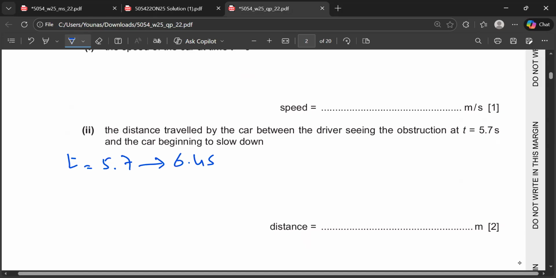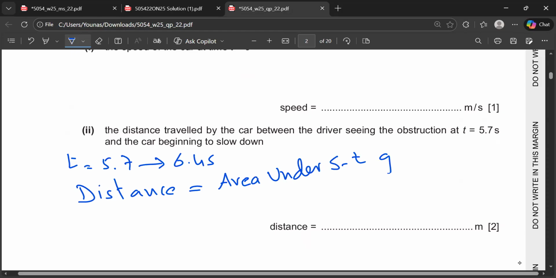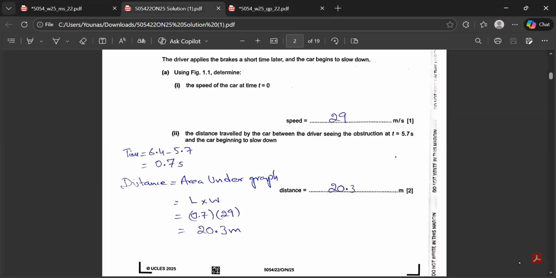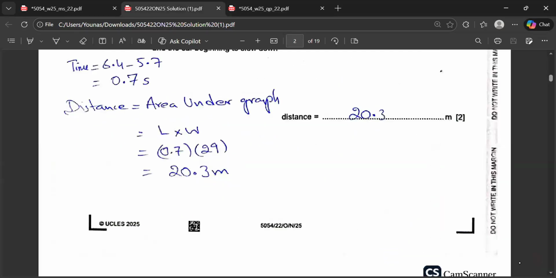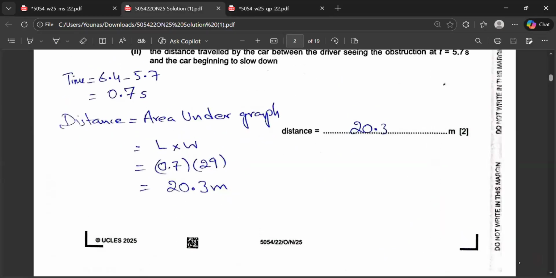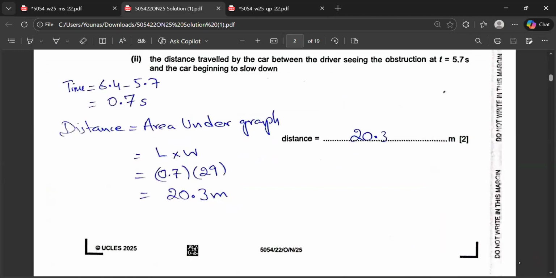The distance is equal to the area under the speed-time graph. The shape of that graph is like a rectangle, so its area is equal to length times width.